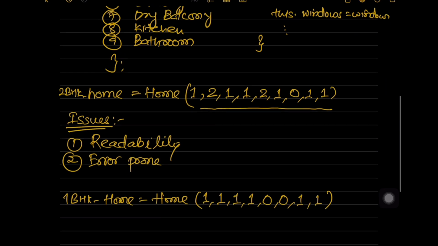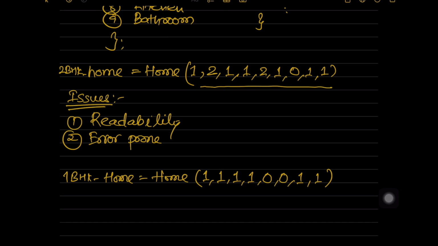So by reading these two, can you make out what parameters, what is happening here? So that is problem number one: readability, and creating the objects will be very error prone.